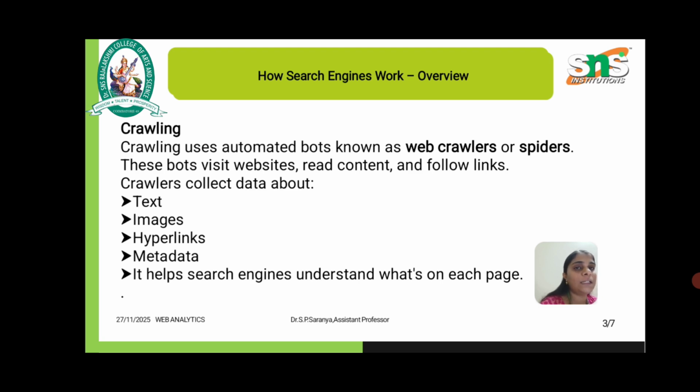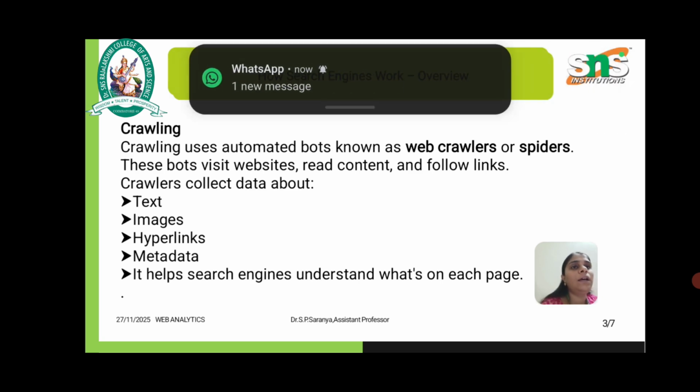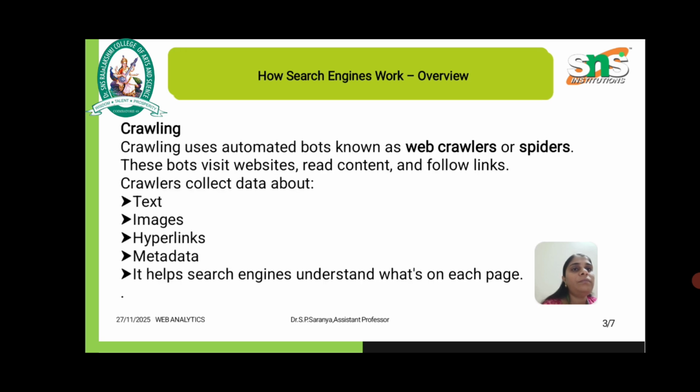They read content like text, images, hyperlinks, metadata or any other data. First they visit the web pages one by one, and then they read everything on those pages: the text, the images, the headings, the links. They follow hyperlinks to move from one web page to another, just like how we go from room to room in a building.